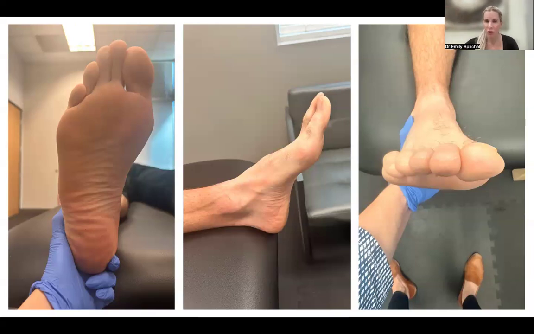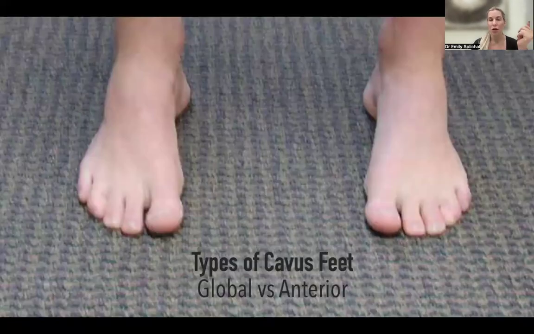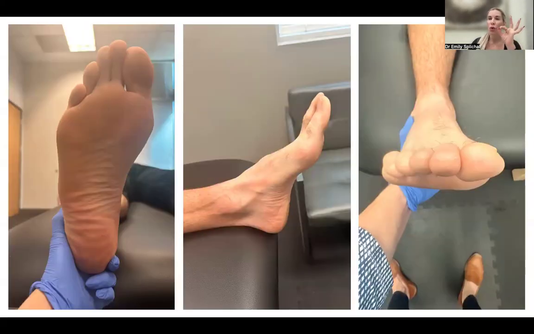Foot type, anterior cavus. An anterior cavus is just a little bit more exaggerated on these symptoms. So it's going to be even more limited ankle mobility. It's referred to as pseudo-equinus, even more pressure at the ball of the foot, even more risk of hammer toes and pressure here.